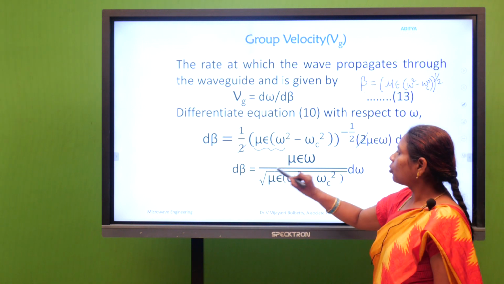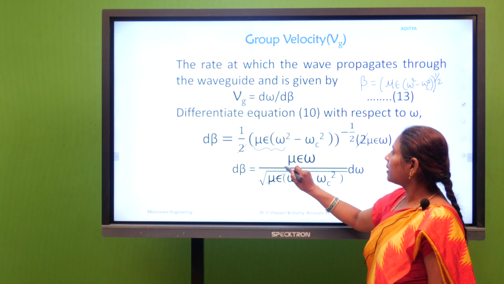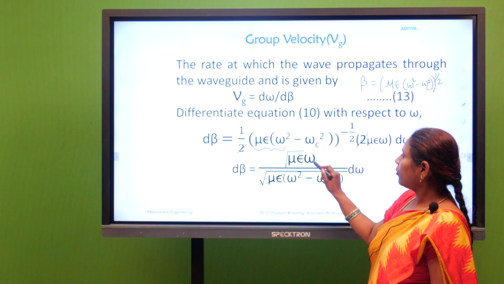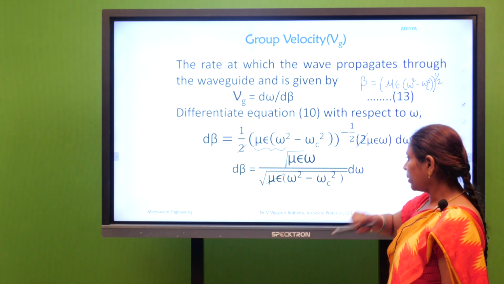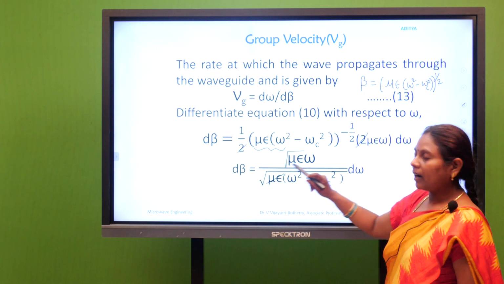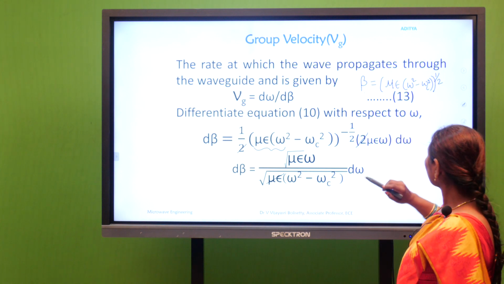So here we have root mu epsilon in the denominator and mu epsilon in the numerator, so we can simply cancel them and make this a root mu epsilon. And also if you take omega as common in both the numerator and the denominator, then we are going to get the relation between d beta and d omega in terms of the cutoff frequencies.